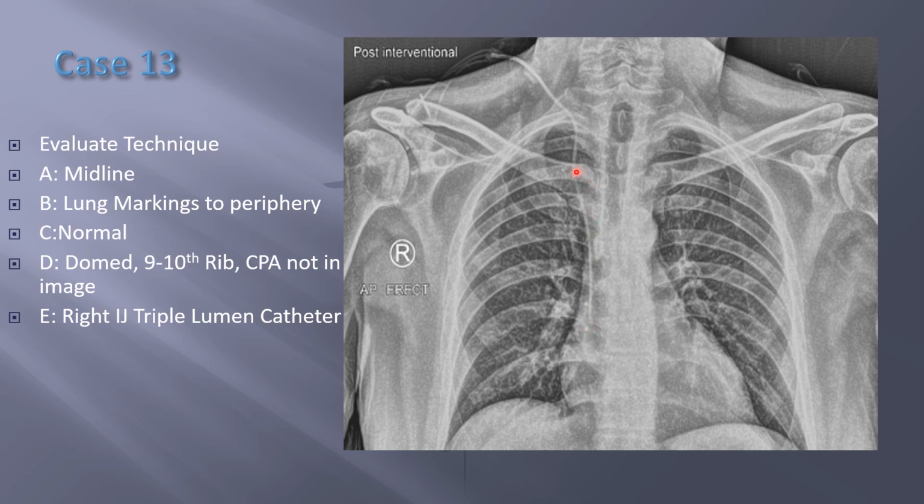Sometimes it's too high, or it can be too low, it can go deep into the heart, and you want to retract a little bit. But this is a proper placement of a right IJ central venous catheter with no complications. There's no pneumothorax or anything like that. So central venous catheter, no pneumothorax seen.